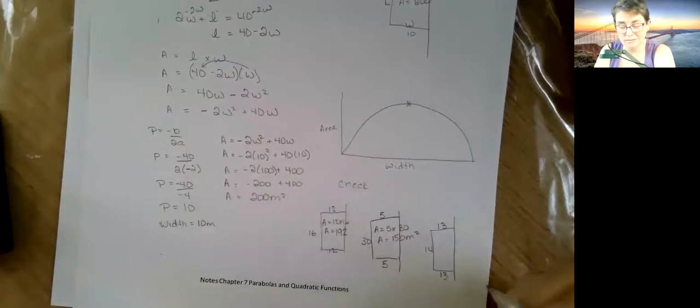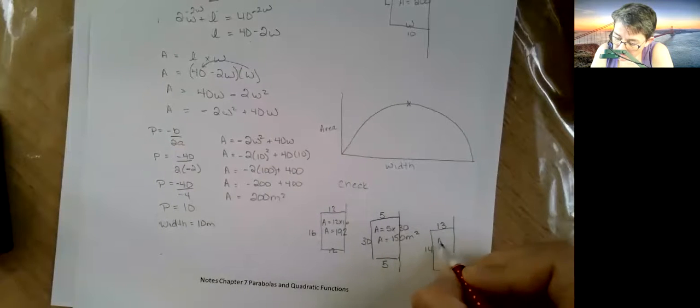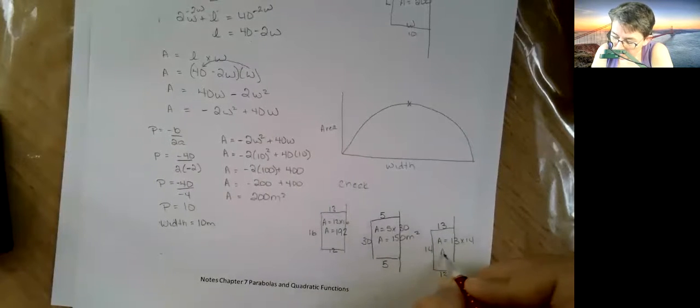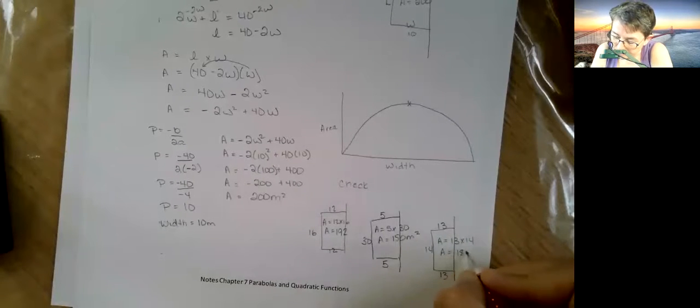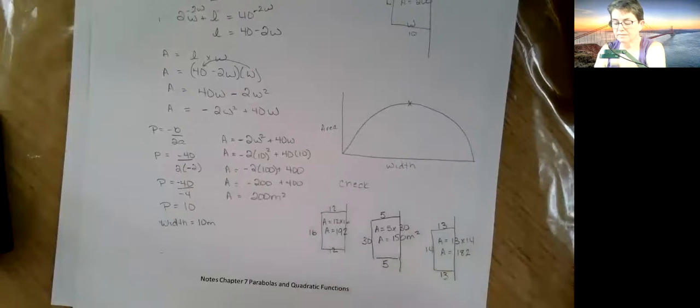That's as close to square as we're going to get here. The area is 13 times 14. 13 times 14 is 182. Okay. So it looks like the math worked out perfect because I can't come up with a better number.